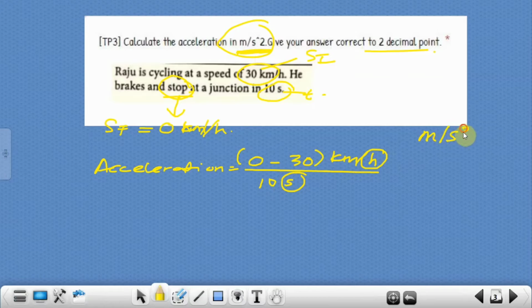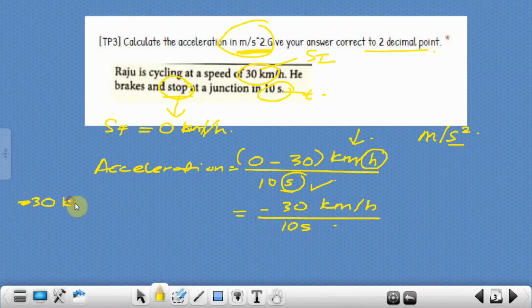So we need to change this. The second is okay because we want it in seconds. So these two we need to change to meter per second. First of all, you just minus this: 0 minus 30 is negative 30 kilometer per hour, divided by 10 seconds.